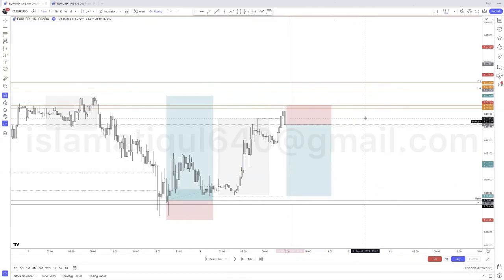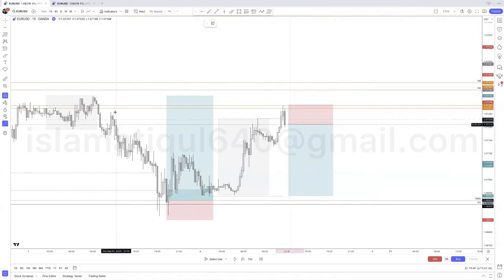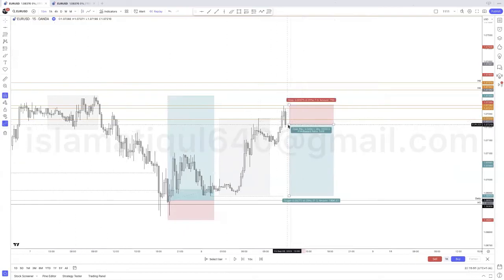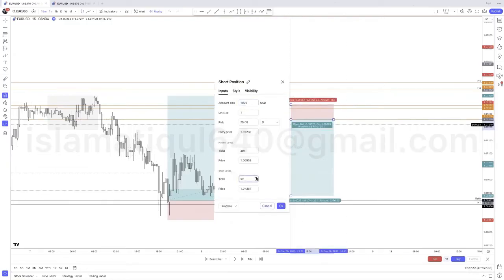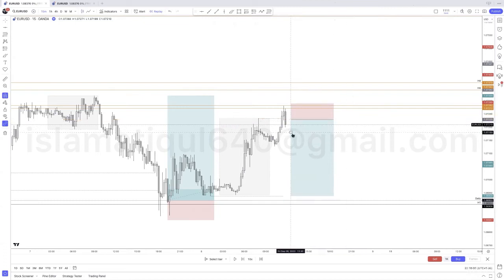Or else, if you want a better risk to reward ratio, you could place the entry a little higher, somewhere around here, so that we include these areas. Yes, this could be a strong zone. You want to make your risk to reward better, and do something like this. Then you can even make your stop loss bigger. So I'm going to do this.